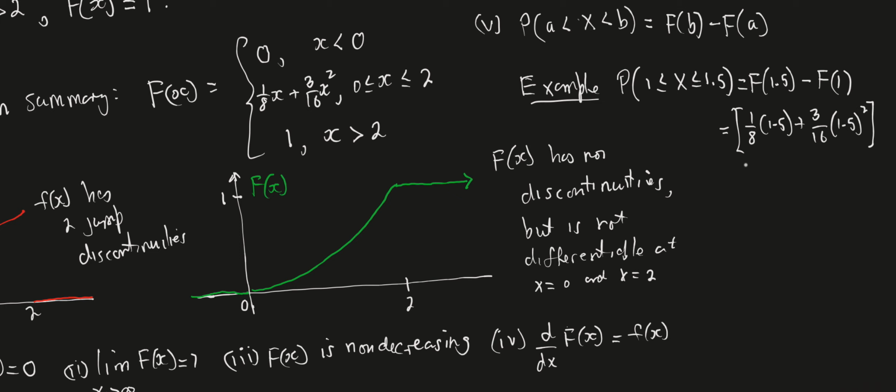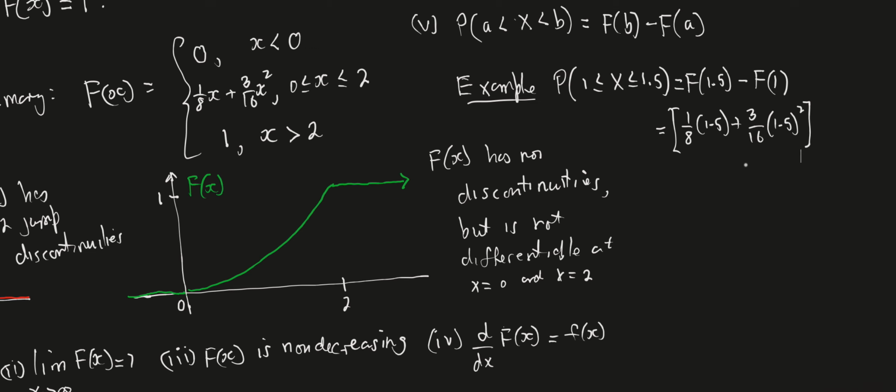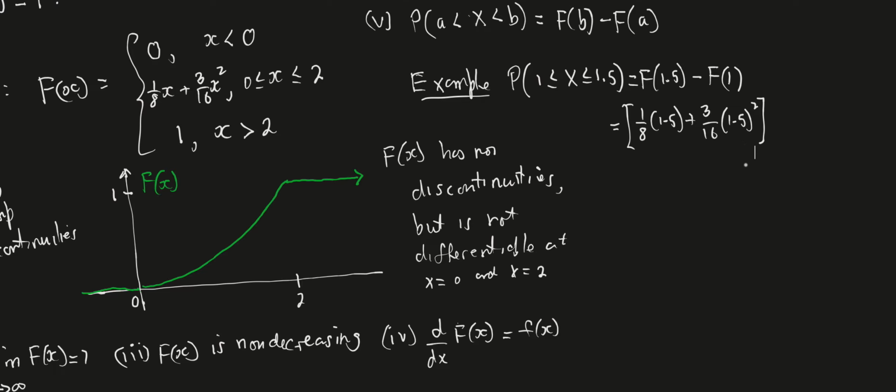We got that. And then I have to subtract f of 1. So plug 1 again into my CDF. So we will have 1/8 times 1 plus 3/16 times 1 squared, right? And that's going to give me my probability.